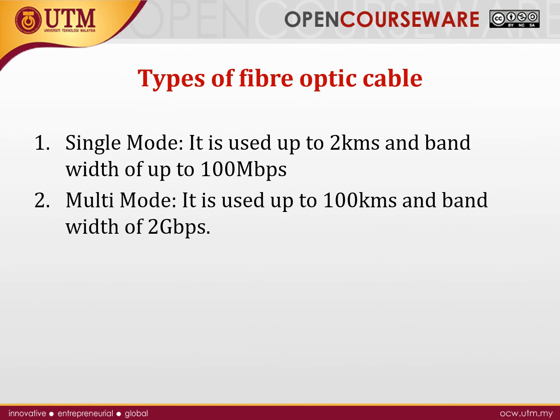For example, the single mode is used up to 2 kilometers with a bandwidth of up to 100 megabytes, while the multi-mode is used up to 100 kilometers with a bandwidth of 2 gigabytes.